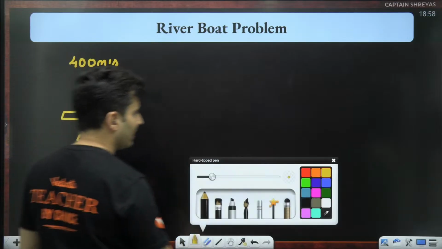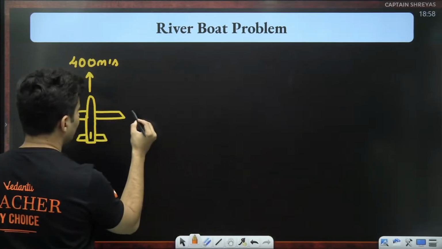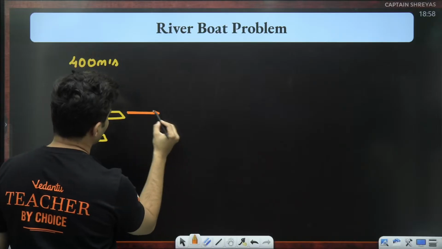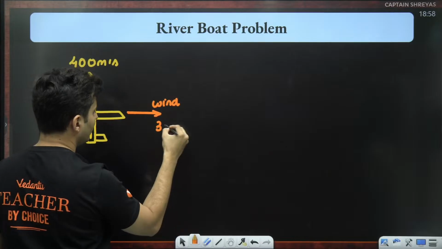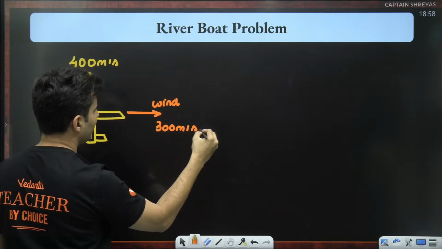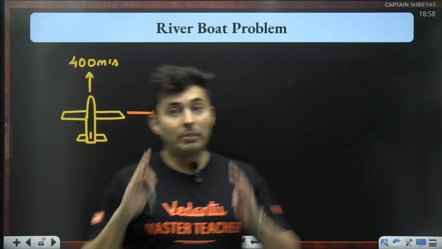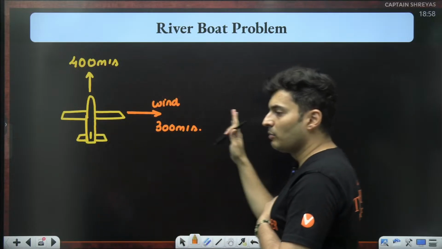And say, for example, the wind happens to blow like this towards the east. The wind is blowing towards the east with a speed of 300 meters per second. The plane is pointing somewhere, but the wind is blowing here.